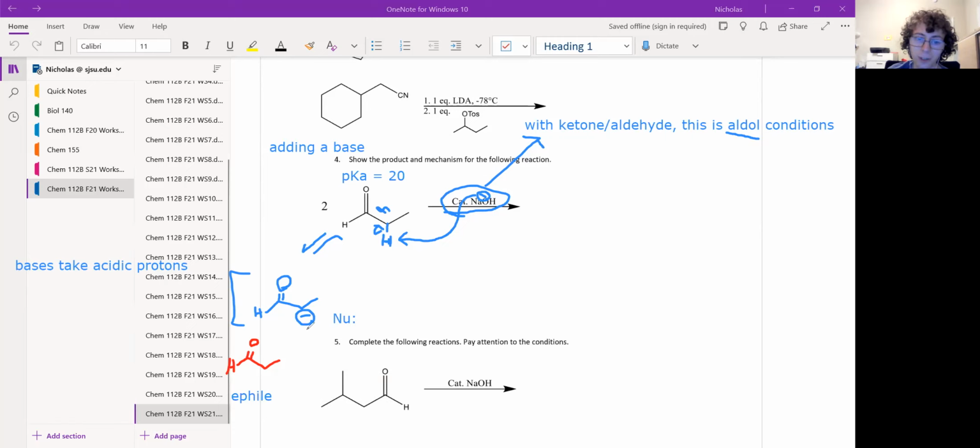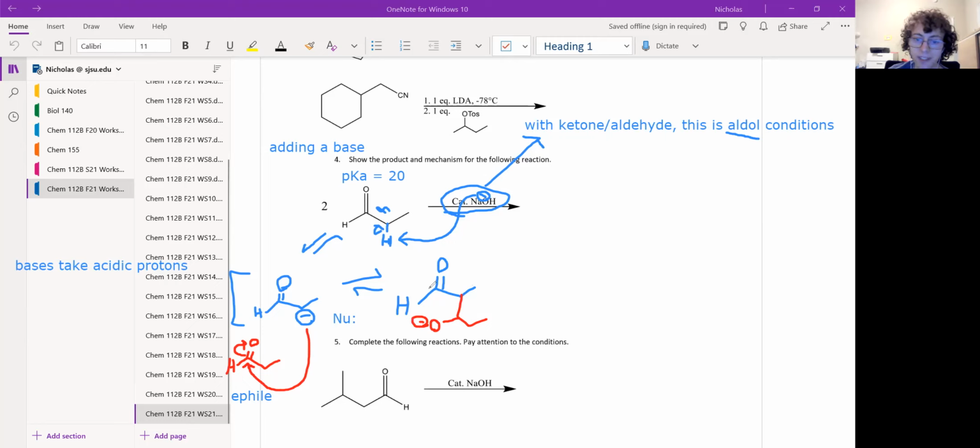So these two can react with each other the same way we did before. The nucleophile attacks the carbonyl carbon, and you push the double bond up towards the oxygen. And that leads to the formation of an alkoxide.